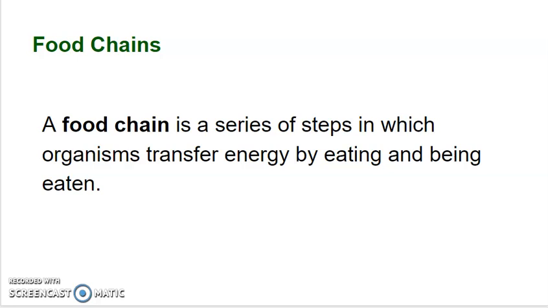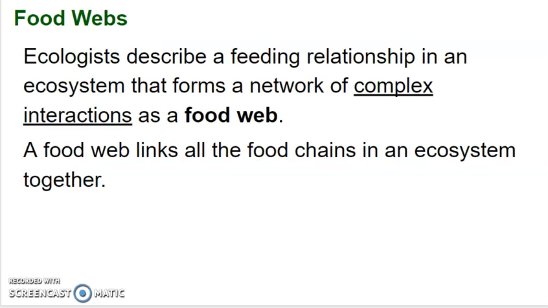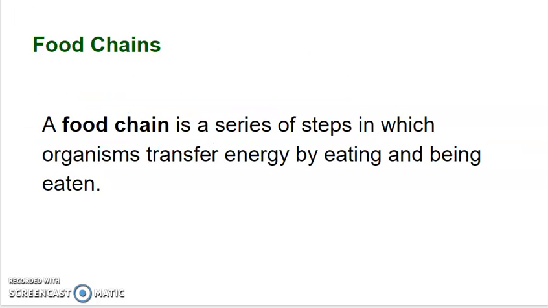The more complex way is called food webs. Because there is not only one way to eat, like we are not eating one type of food, we are eating different types of food, vegetables, meats, minerals. That's why we are studying food webs. Let's first talk about the food chain.